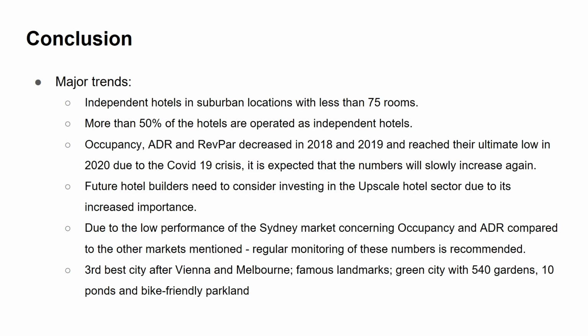This again shows how major this category is for the market. Next, we had a look at the key performance indicators: the occupancy, ADR, and RevPAR. These numbers decreased in a high manner in 2018 and 2019, and they reached the ultimate low in 2020 due to the COVID-19 crisis, but it is expected that these numbers will rise again, but in a very slow manner.